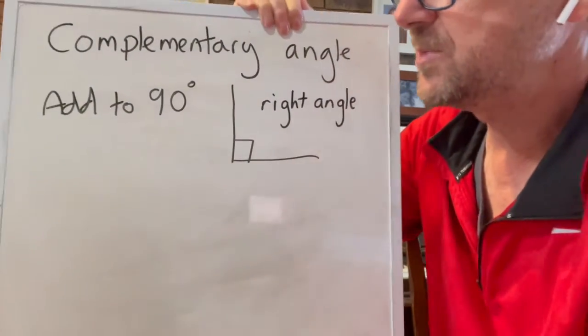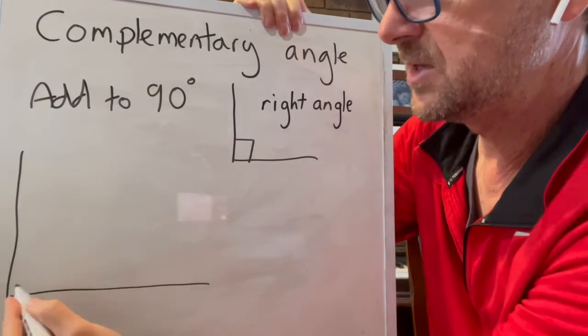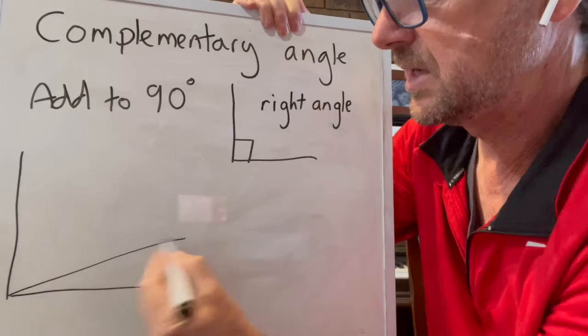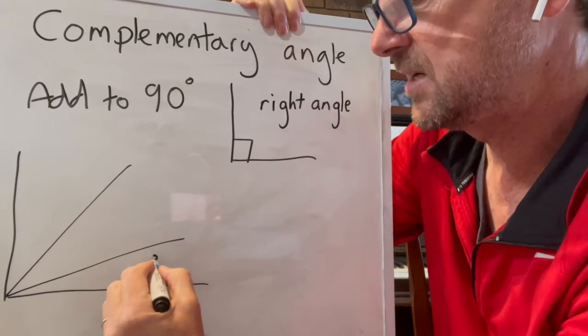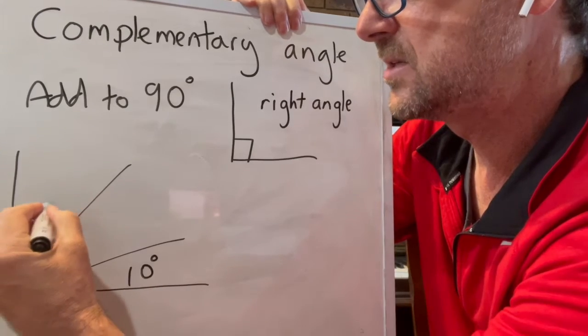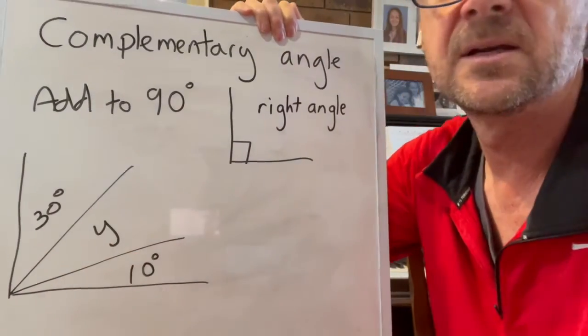Other times you might be given something like this, where you're given, again, 3 pieces of information. It might be something like that one's 10 degrees and that one here is 30 degrees, and you've got to find out y, okay?